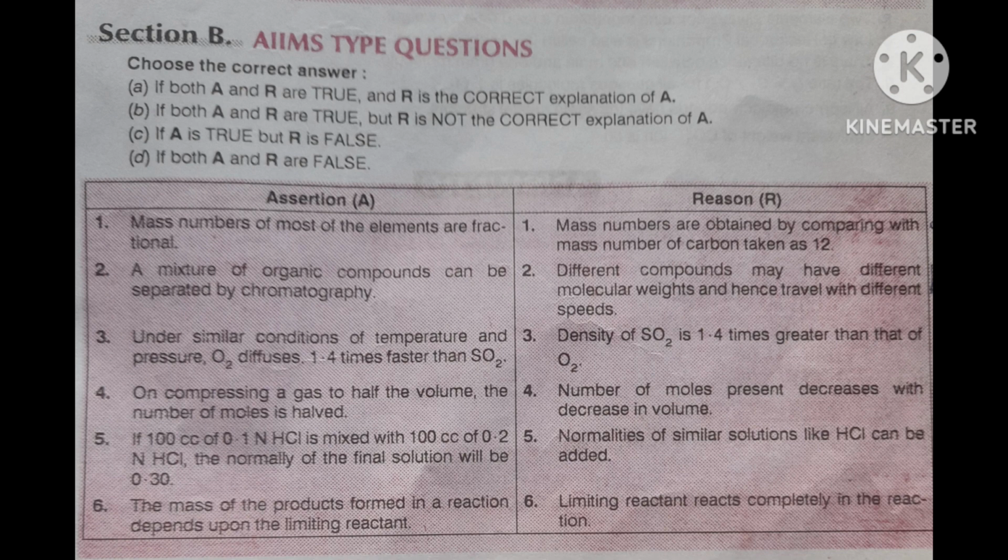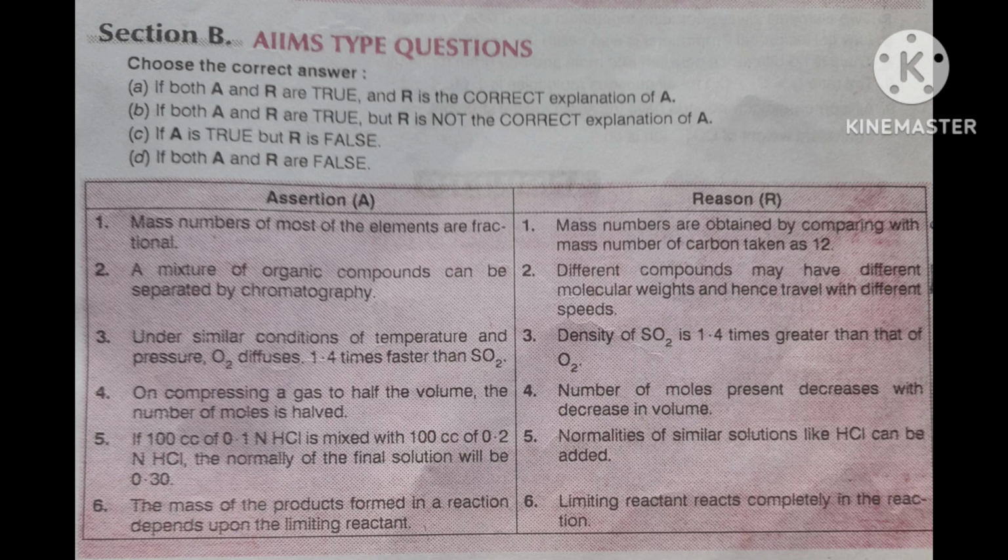If 100 cc of 0.1 HCl is mixed with 100 cc of 0.2 HCl, the normality of the final solution will be 0.15.